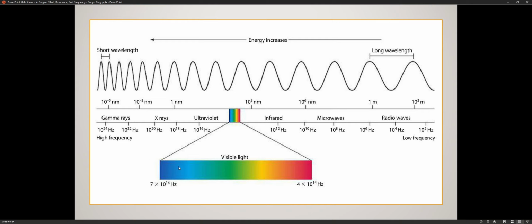That must mean that the light is more blue shifted, which means it's going to be more blue. So that's one of the ways we can tell whether a star is moving towards the Earth or away from the Earth, depending on the color of the light. If the color of the light is lower frequency, it's moving away. If the color of the light is higher frequency, it's moving towards you. All right, cool.